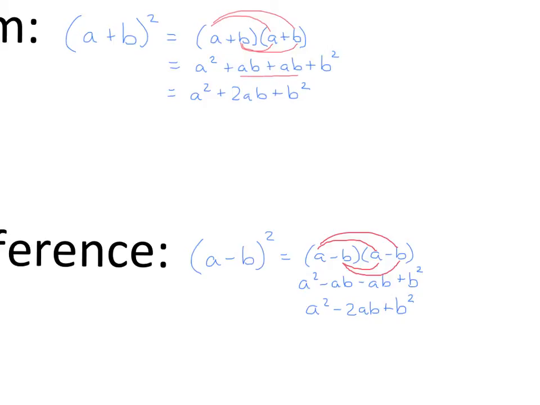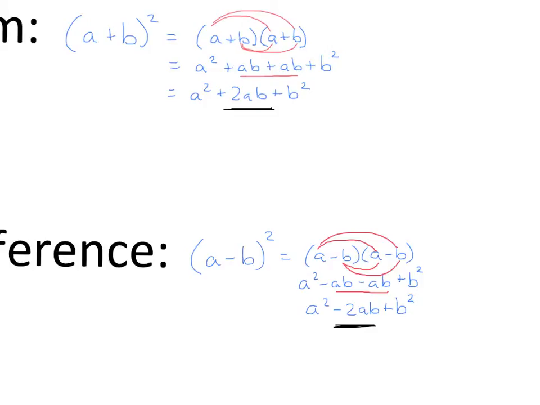So I simplify the middle, and I get a negative 2AB. So now notice up at the top I've got a positive 2AB, and down here I have a negative 2AB. So they're pretty much the exact same thing, except the middle part will be negative, okay?